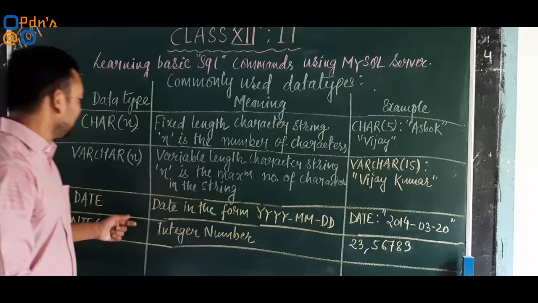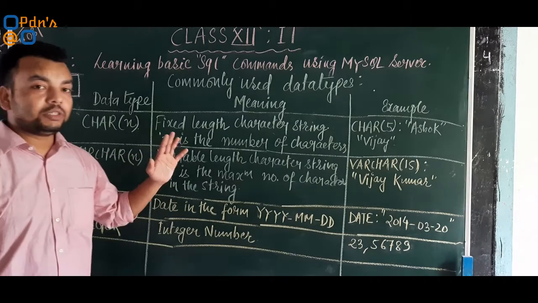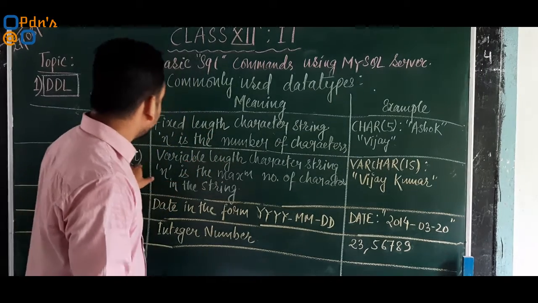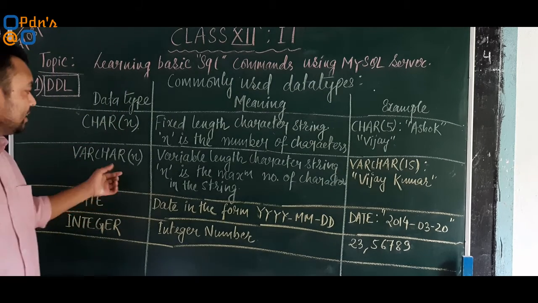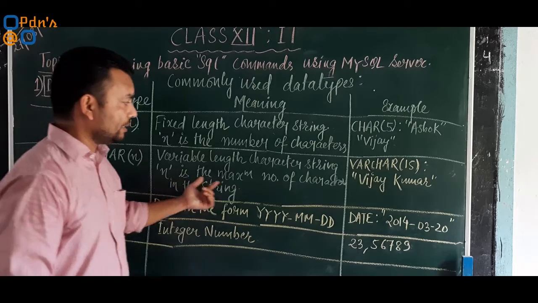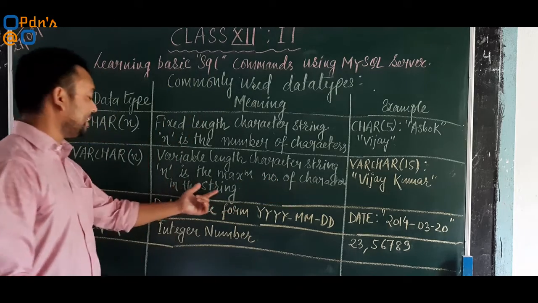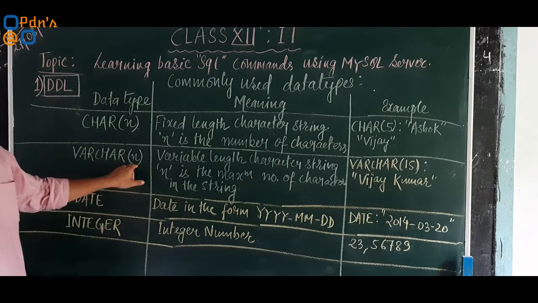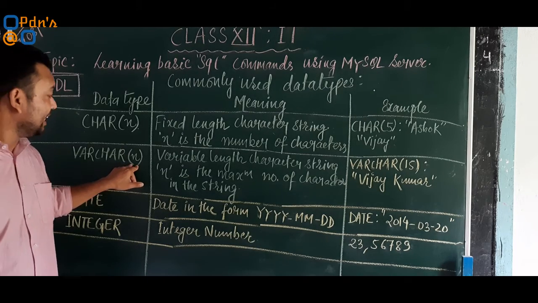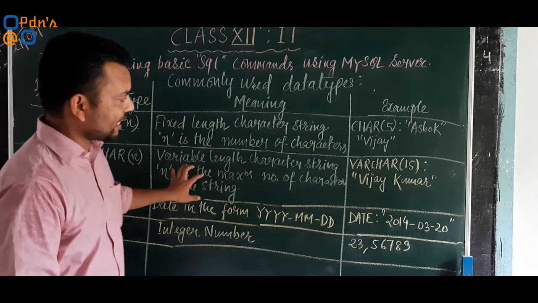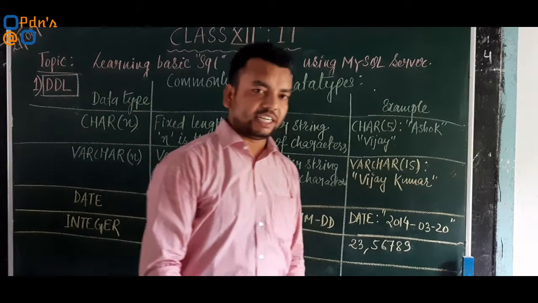That means the string that we are going to insert, made of different sets of characters, will be variable in nature, and the maximum number of characters that can be entered inside the string is n. Here n denotes the maximum number of characters that can be accommodated inside our string. For example, say we have declared varchar 15.